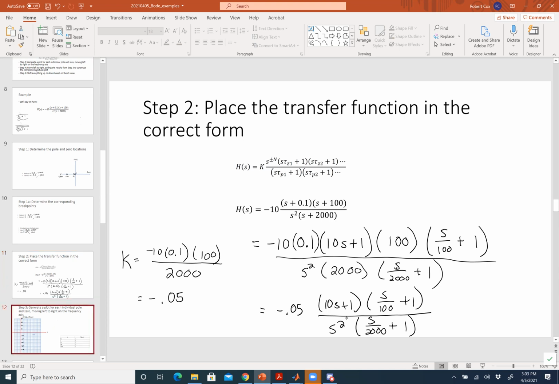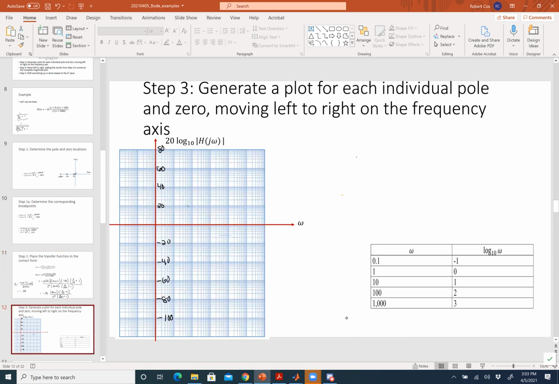Now, every time I have something going through the origin, so here's my graph right here, and I didn't label it for myself. This would be 1, 0.1. This would be 0.01 or 10 to the minus 2. This is 10. This is 100. This is 1,000. This is 10,000. That's 100,000.